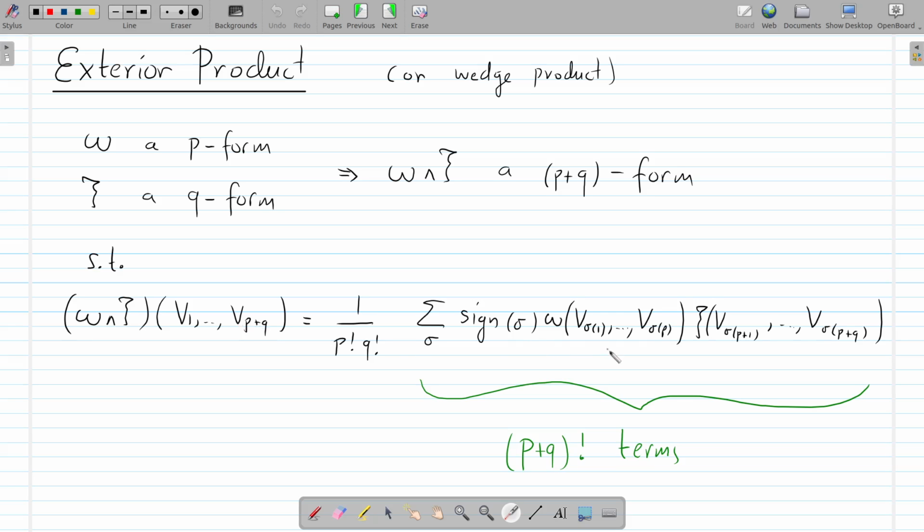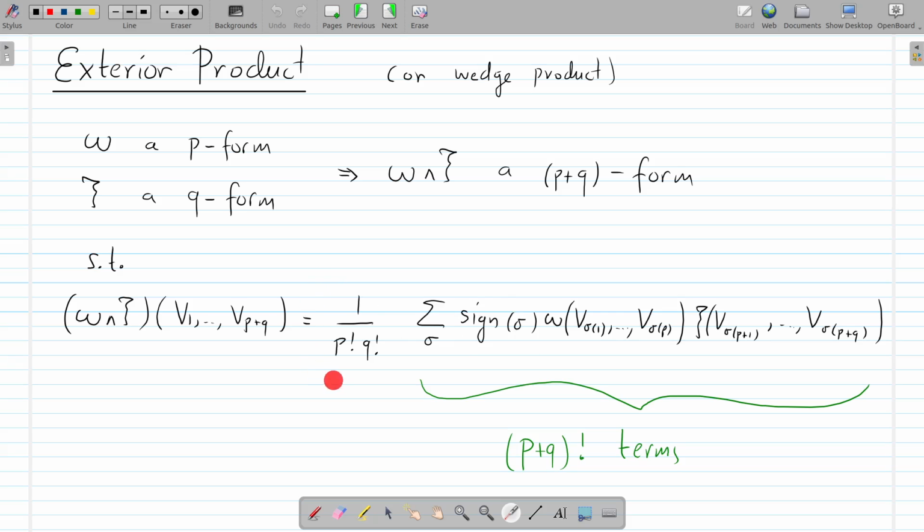For that we consider all possible permutations of those vectors into the slots of omega and xi. Omega has p slots, xi has q slots, but the v's are permuted over the slots of both differential forms. And we have (p plus q) factorial terms, each weighted by the sign of the respective permutation.